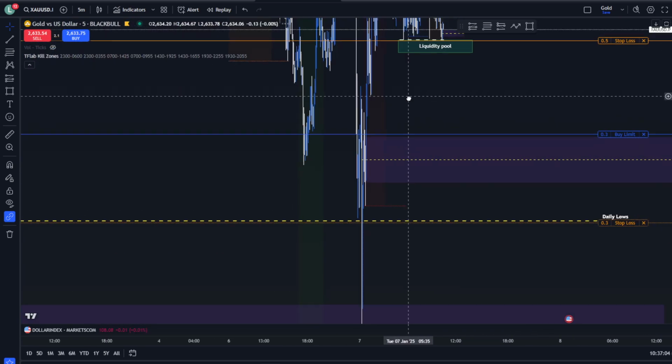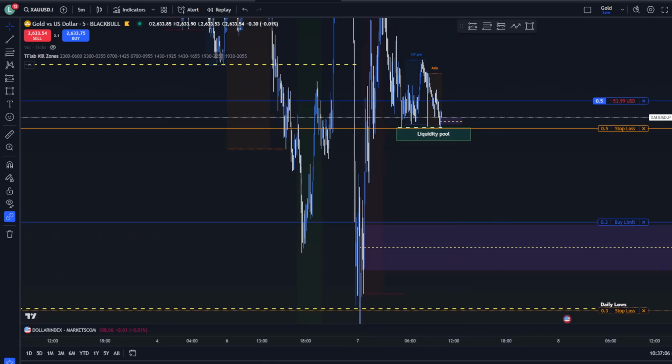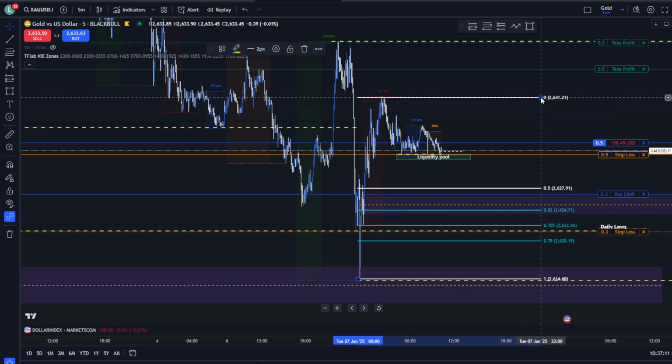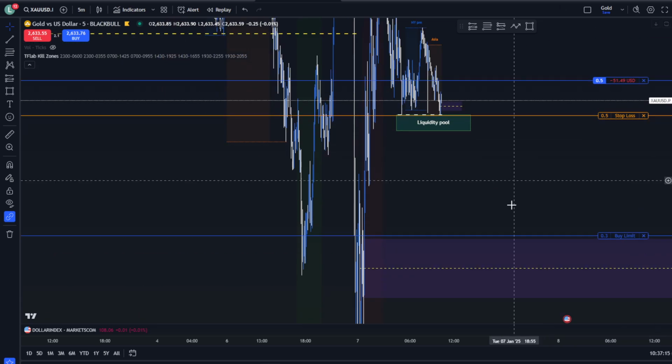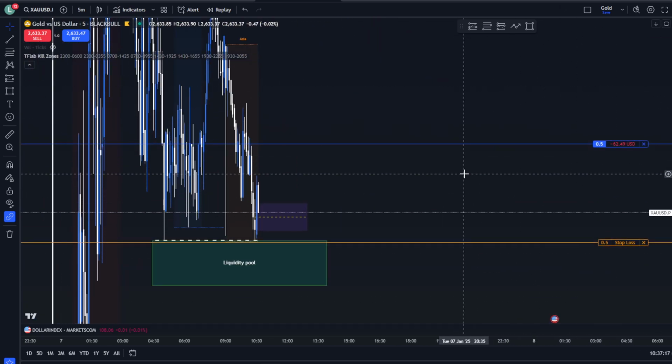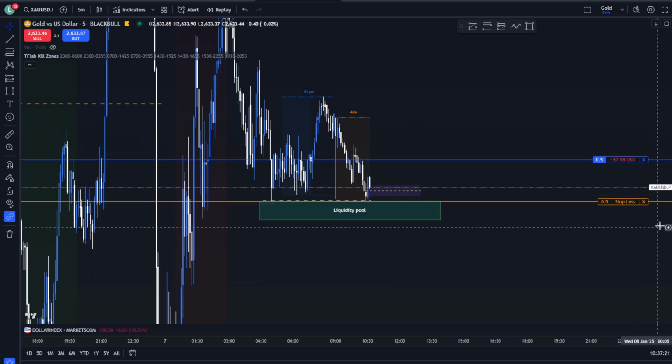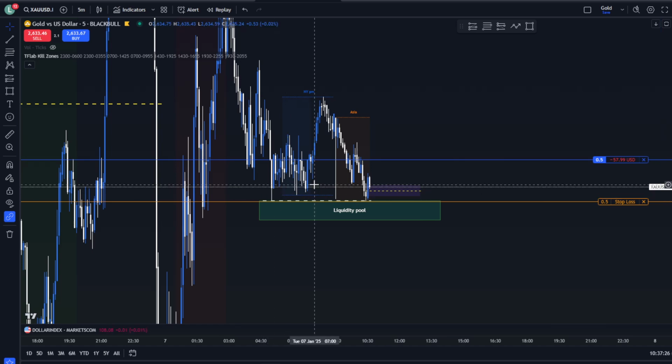And so what did we have? We had this liquidity grab, and we might have this higher time frame optimal trade entry. It is very possible, so we'll see what happens. But this was not the setup for an optimal trade entry.